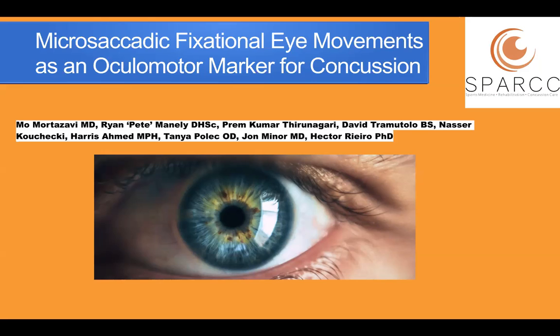So the big question we're aiming to answer is, can this be an important biomarker for concussion and prolonged symptoms, and particularly visual subtypes? We know that microsaccades have been used in other neurologic diseases such as Parkinson's.